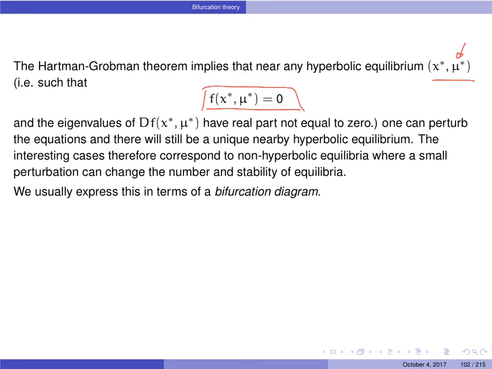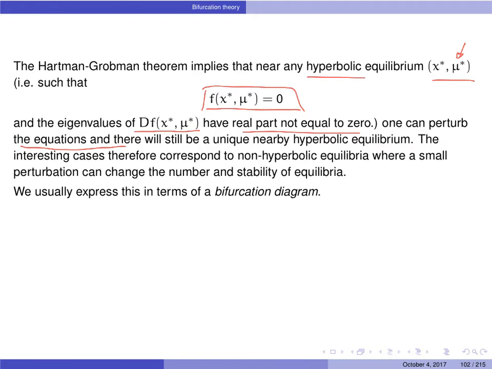If that equilibrium is hyperbolic, this means that the eigenvalues of the Jacobian df evaluated at the point x star mu star must have a real part not equal to 0, all of them. This means that the Jacobian has full rank, and one can perturb the equations by the intermediate value theorem. Under small changes in mu, we will have also a hyperbolic equilibrium that is close to x star.